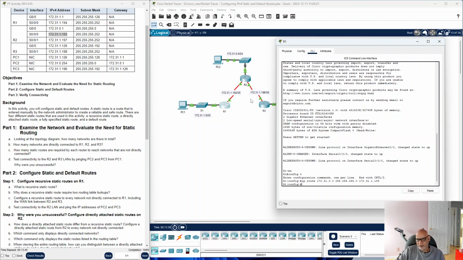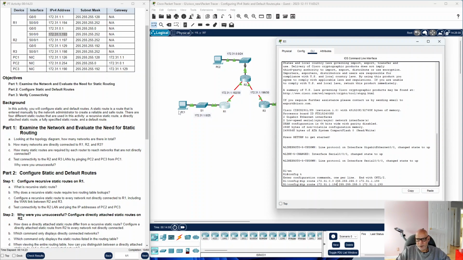There are two more. The second network is this one, 1.96. Here you just change the network ID, which is 172.31.1.96. Keep in mind that your gateway interface to get to that network is the same, if you follow the packet.